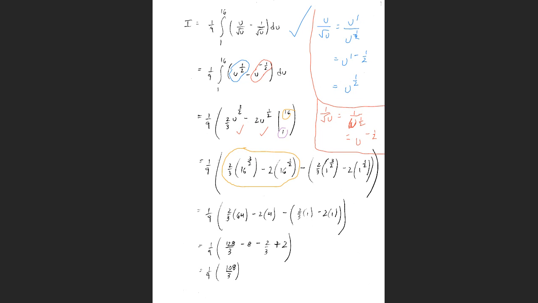You just substitute that in your antiderivative, and that was done there. Okay, let me give you a moment to catch up. Let me know if you have any questions.